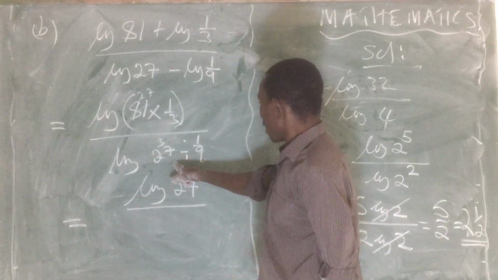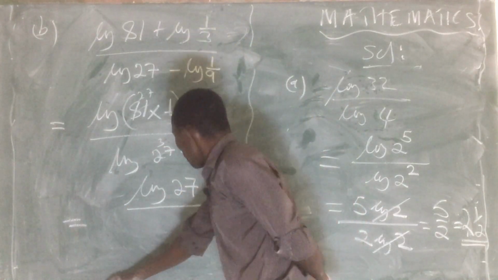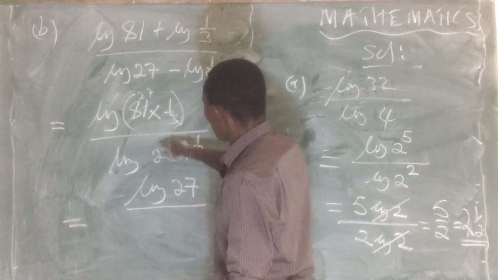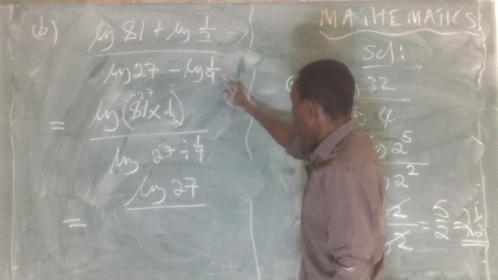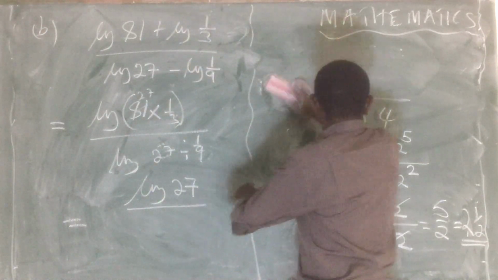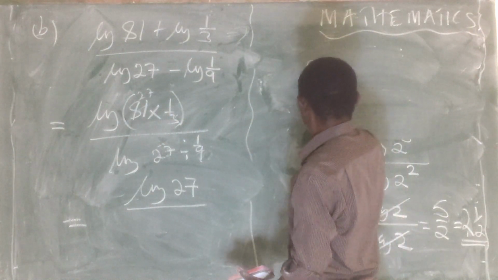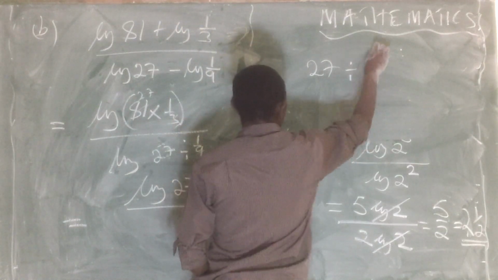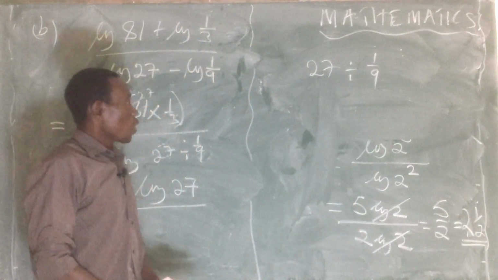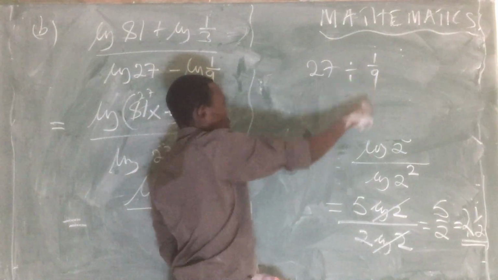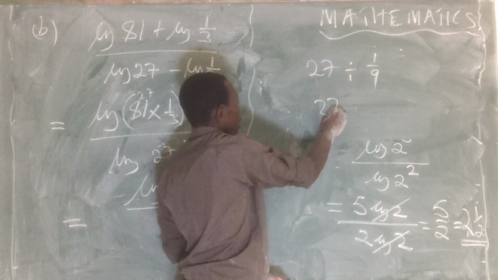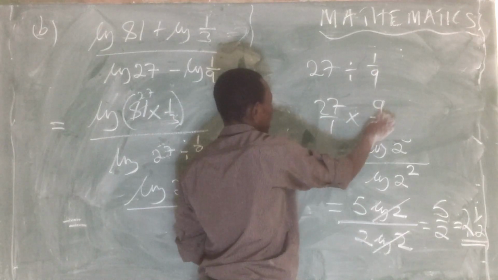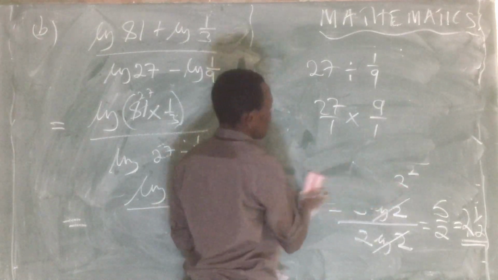Let me come back to this part down here. We are dividing, that is 27 divided by 1/9. 27 divided by 1/9, what do we have there? It means I've got to invert that one, it should be on top. 27/1 multiplied by 9/1.